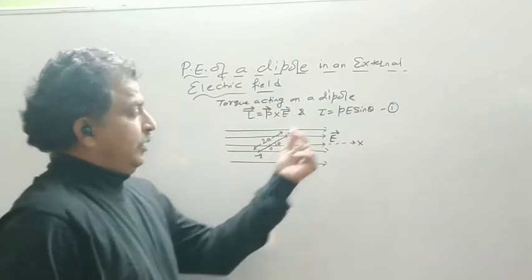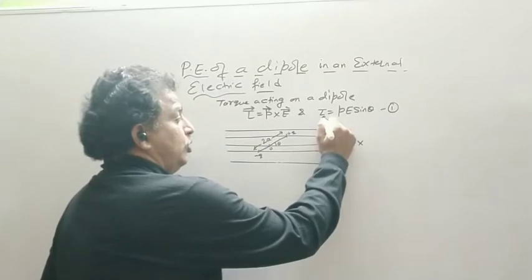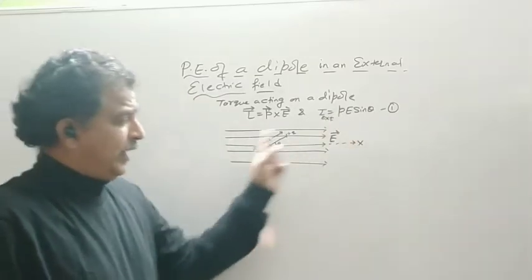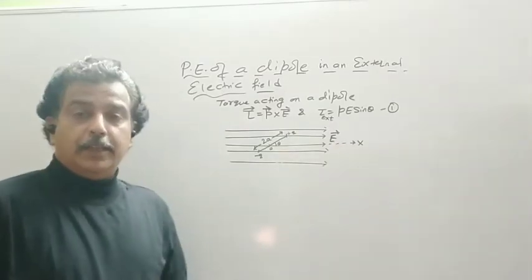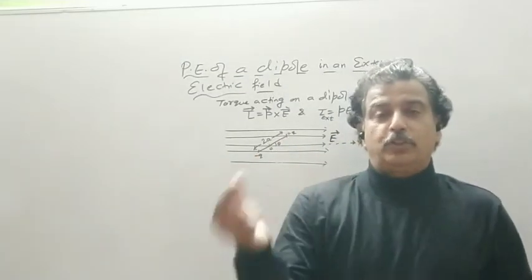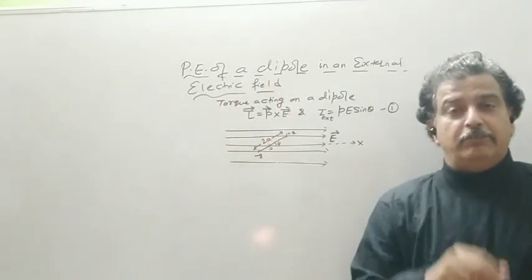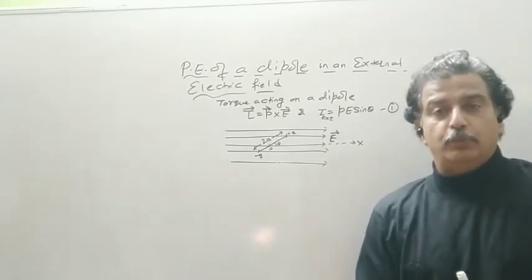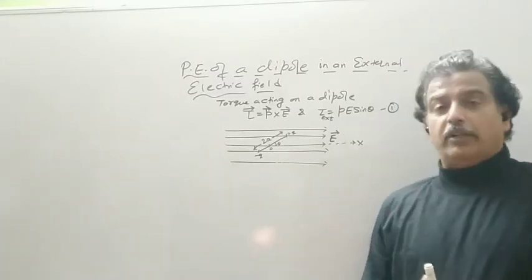Clearly this is the torque acting on a dipole due to the external field. So we have an external field along the x-axis. Now the work should be done in such a way that, because you have to rotate it, the angular acceleration should be 0, or it should be rotated with a constant angular velocity.